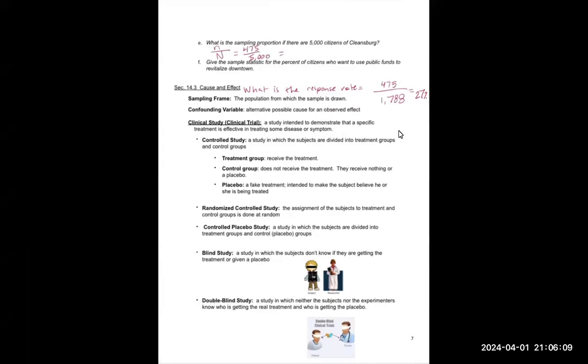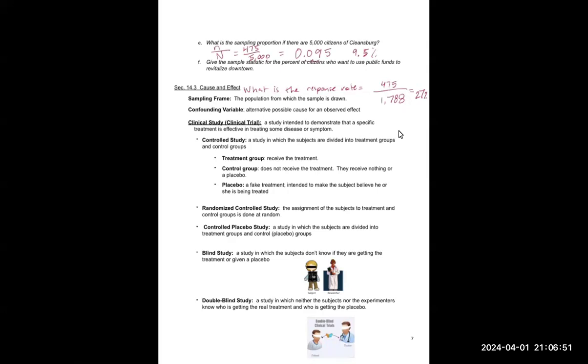So our sampling proportion is 0.095. If I move the decimals twice, that's 9.5%. So we approximately sampled around 10% of the population, which is a good sampling proportion.